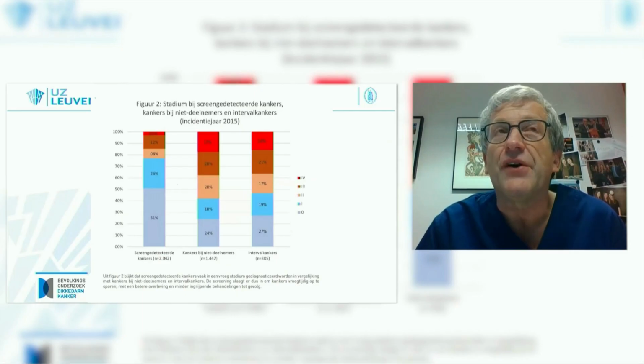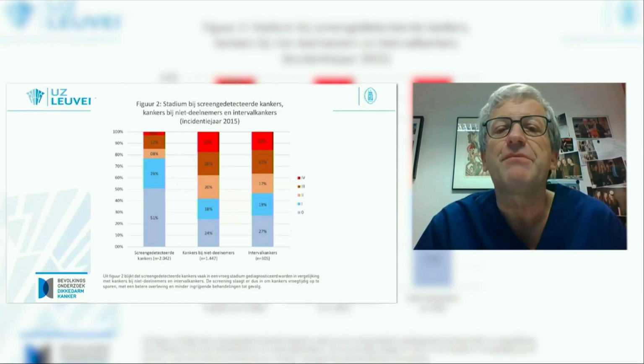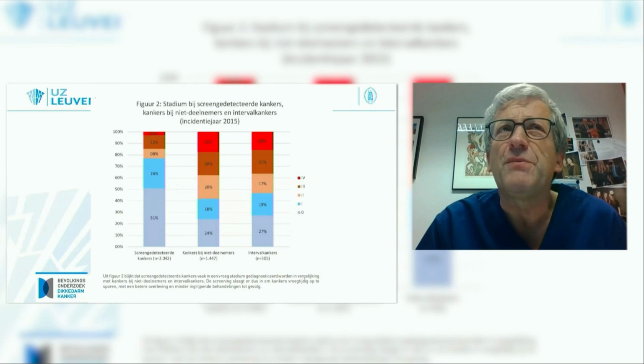You can see that on top, the red and brown blocks, a very low number of patients have stage 3 and 4 cancers, while for cancers in the middle, not detected via the screening programs, almost 40% are stage 3 and 4.